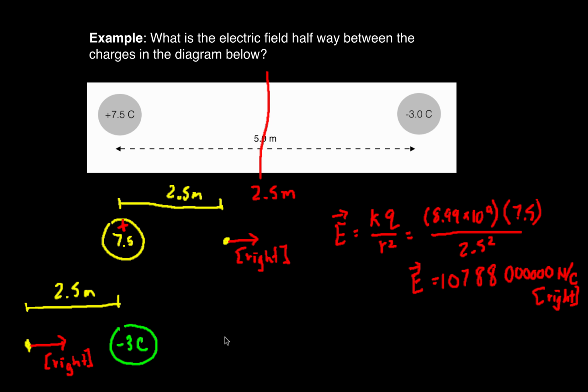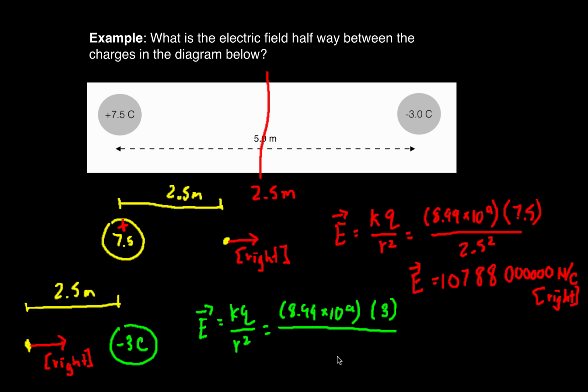to the right. We can calculate the magnitude of the electric field using electric field equals kq over distance from the q squared, which is 8.99 times 10 to the 9 times the charge divided by the distance to the charge squared.